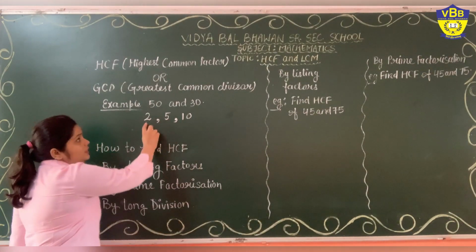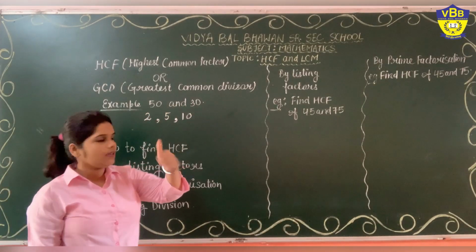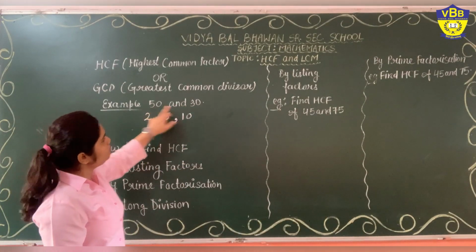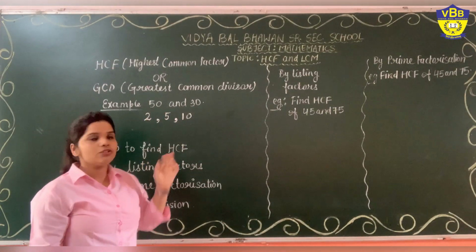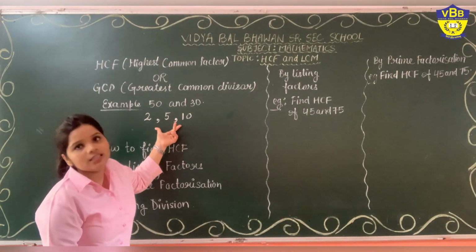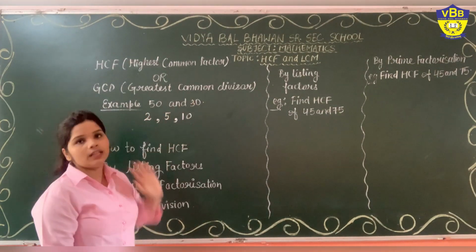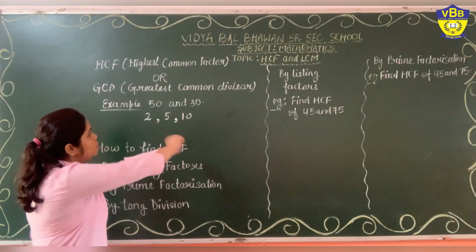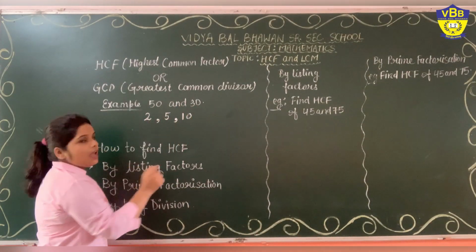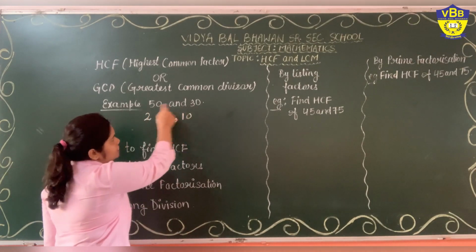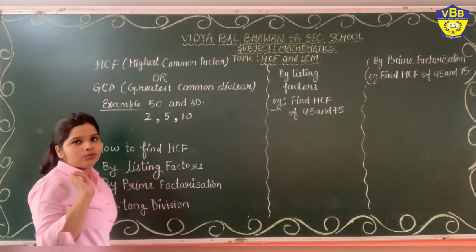So 2 can divide both the numbers, 5 can divide both the numbers, and 10 can divide both the numbers. So we have three divisors which divide both numbers. That means 2, 5 and 10 are all common divisors of these two numbers.